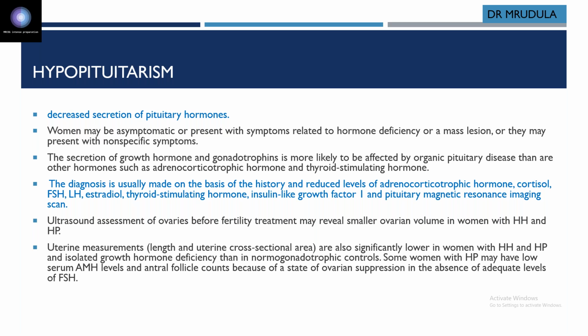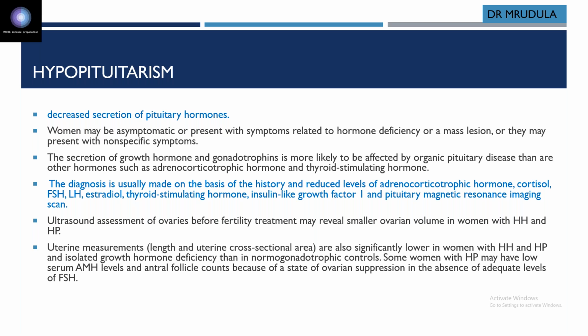So secretion of growth hormone and gonadotropins are the more commonly affected hormones in organic pituitary disease. The diagnosis is usually made on the basis of reduced levels of ACTH, cortisol, FSH, LH, estradiol, TSH. So as I told you, most of the time multiple hormones from the pituitary will be affected, not all, but multiple.